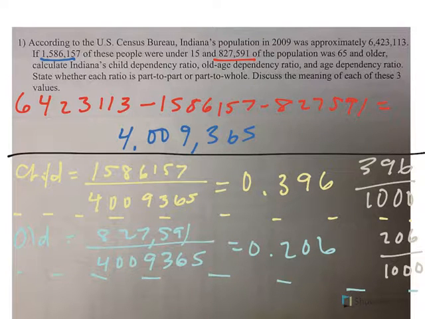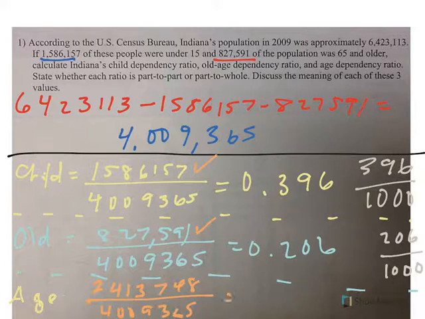And then when we go to the age dependency, so just straight age, we're going to take this number and add them together, and we get 2,413,748 divided by the working population of 4,009,365, which ends up being 0.602.